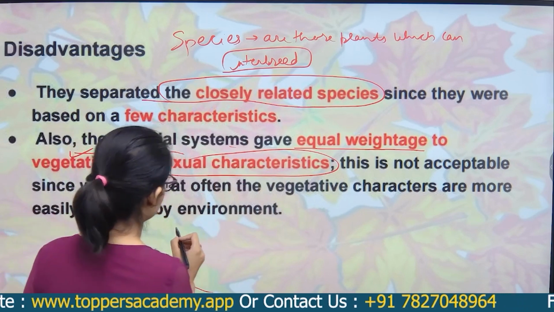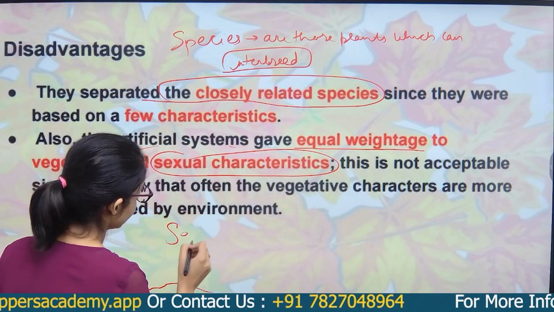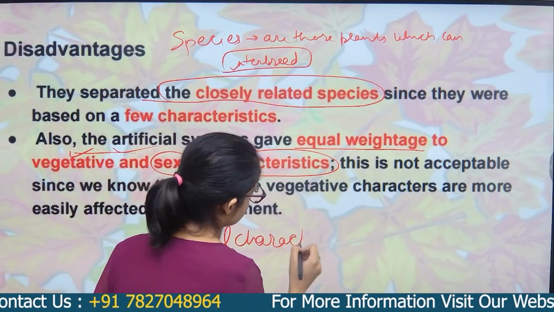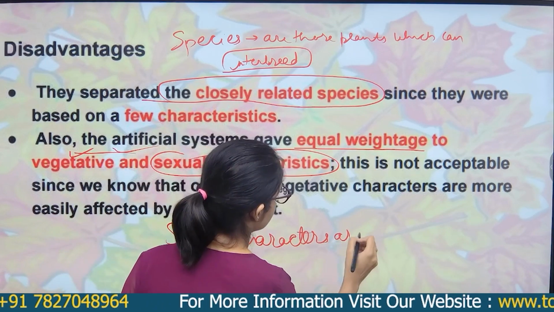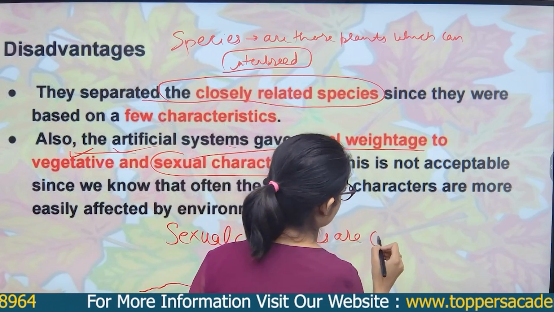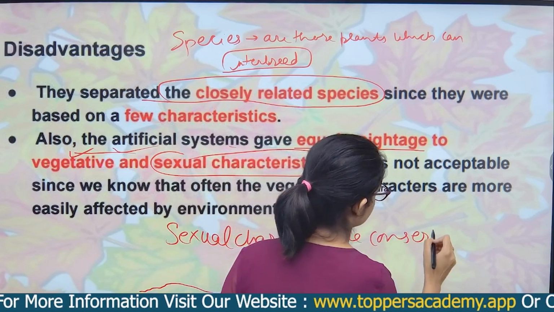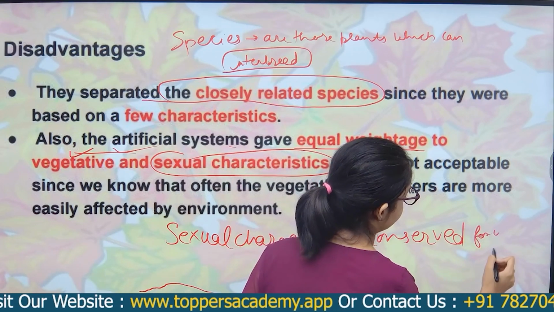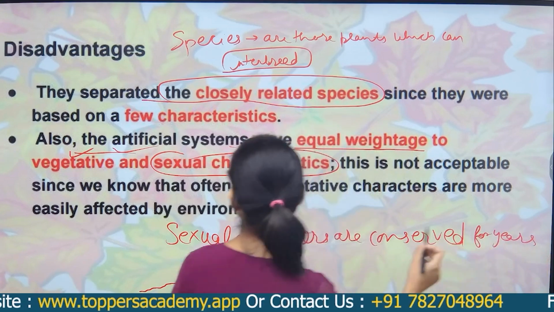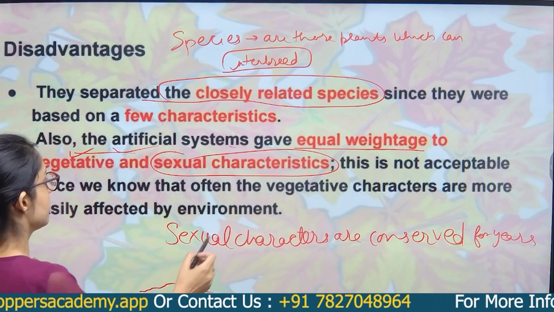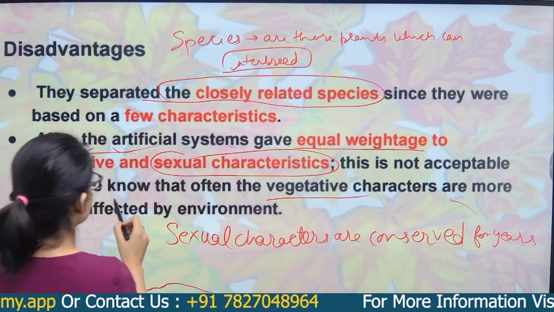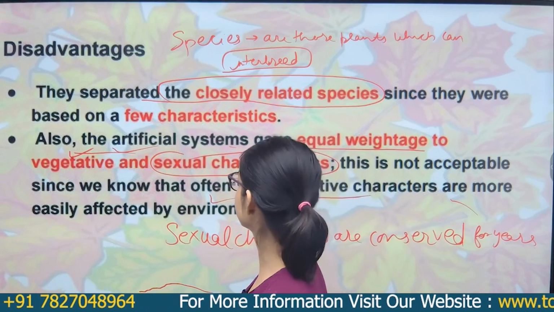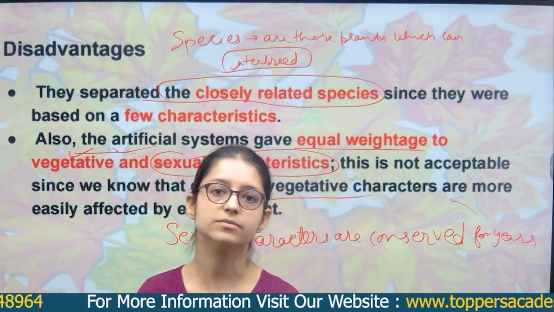Because sexual characters are conserved for years, and we know that vegetative characters are more easily affected by the environment.